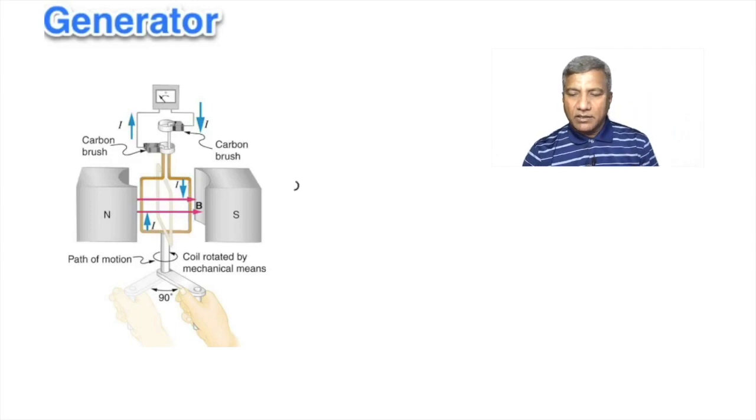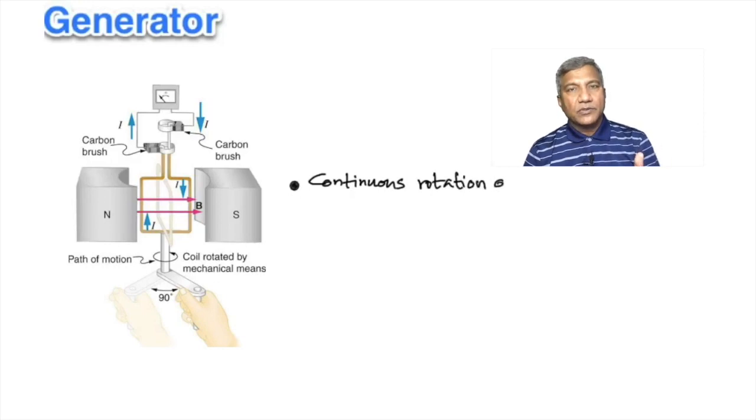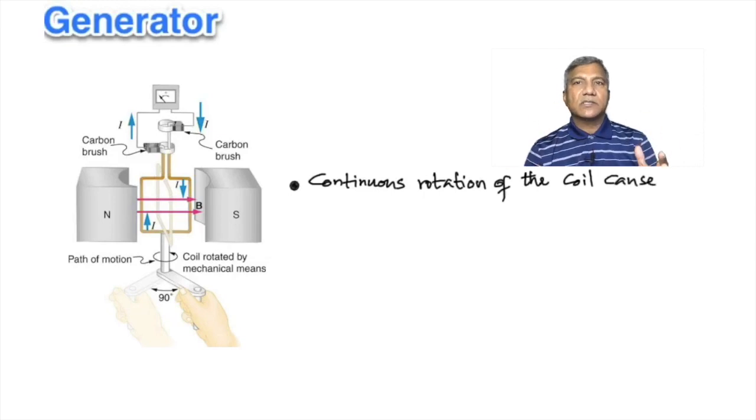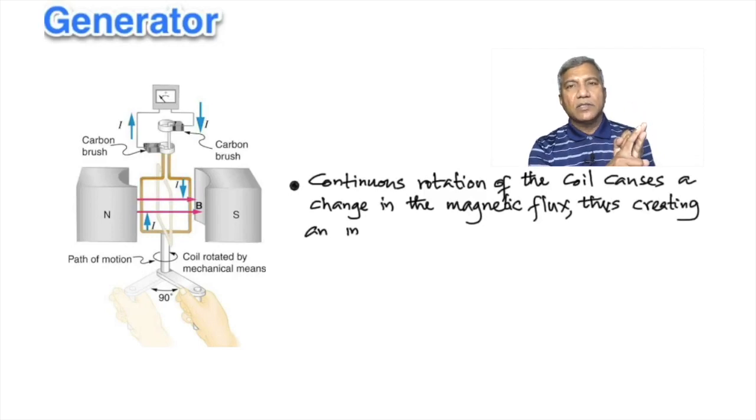And as the magnetic field changes when the coil rotates, there is going to be a continuous induced EMF. So a continuous rotation of the coil produces a continuous alternating EMF, and the magnitude depends on the number of turns in the coil, the area of the coil, the strength of the magnetic field, and the speed of rotation.